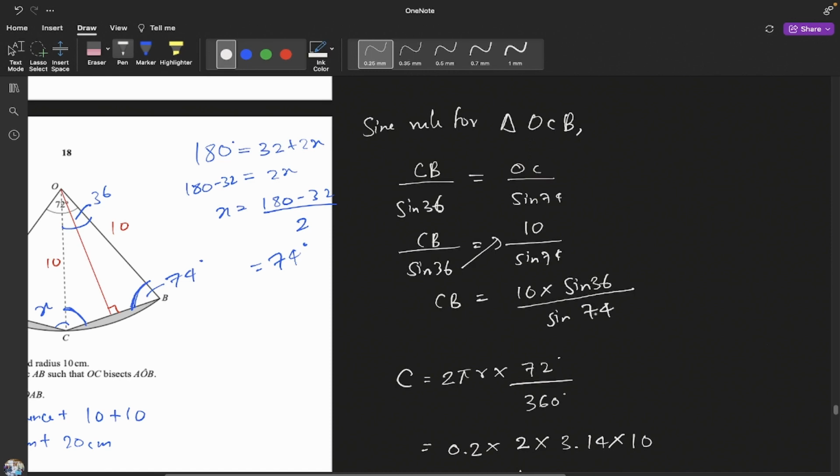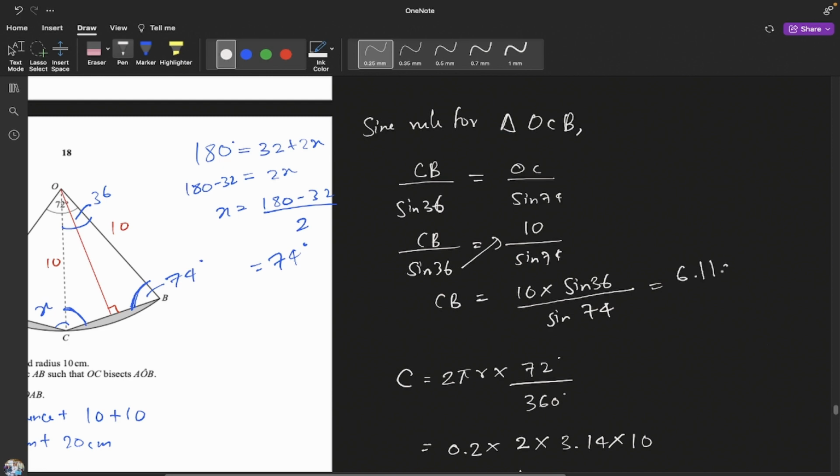Okay, now you can use your calculator. 10 multiplied by sine 36 divided by sine 72 gives you CB equals 6.11 centimeters.